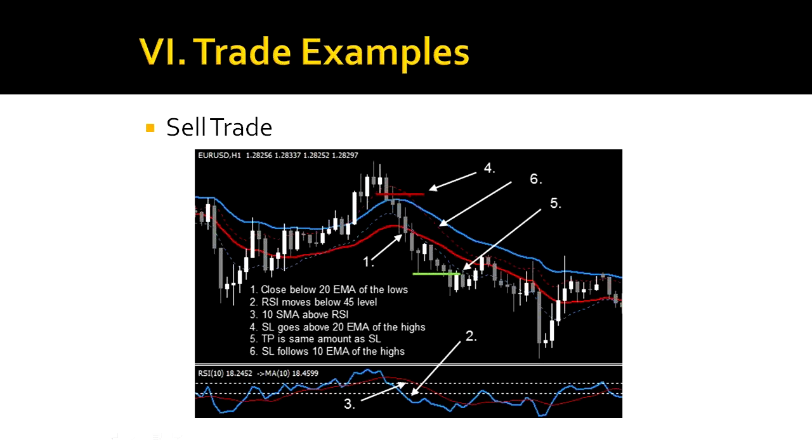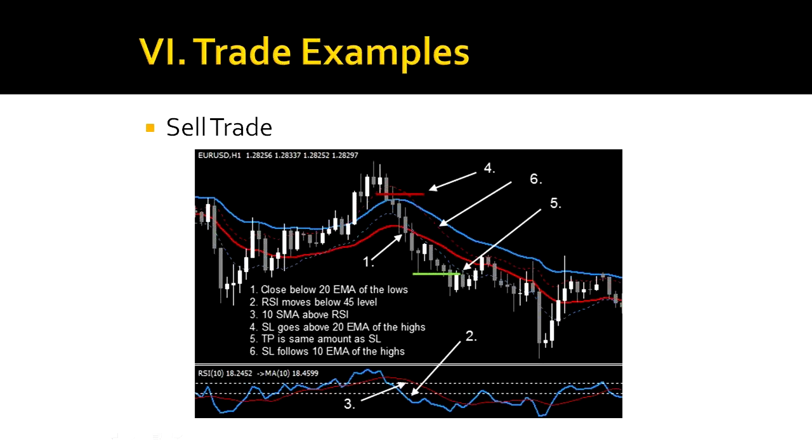And then from there, even before we enter, we want to make note of where our stop loss is going to go. It's arrow number 4. Then we can enter the trade. At that point, we place a take profit the same distance as our stop loss. So in this case, let's say it's 55 pips.